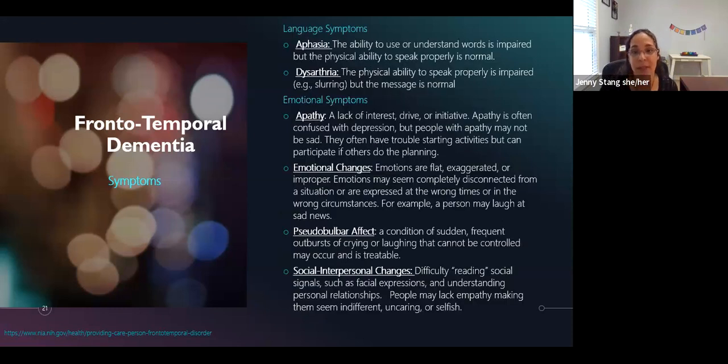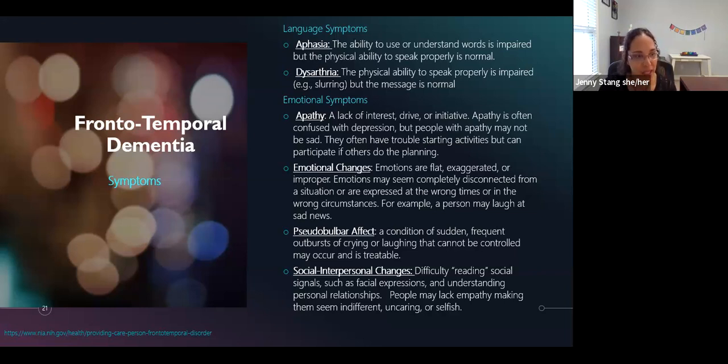Some language symptoms. We've got aphasia and dysarthria. So aphasia is the ability to use or understand words being impaired, but the physical ability to speak properly is normal. So an example from my life would be my grandfather on my mother's side. He experienced aphasia quite often, where he would call the remote control watch, or he would talk about his car and use various different words.